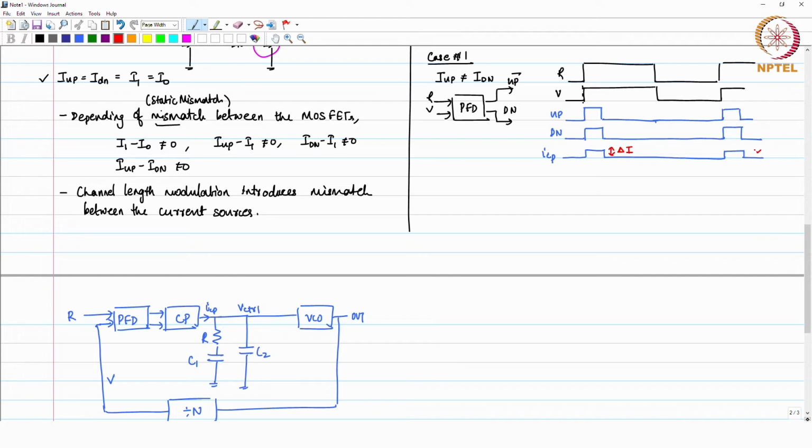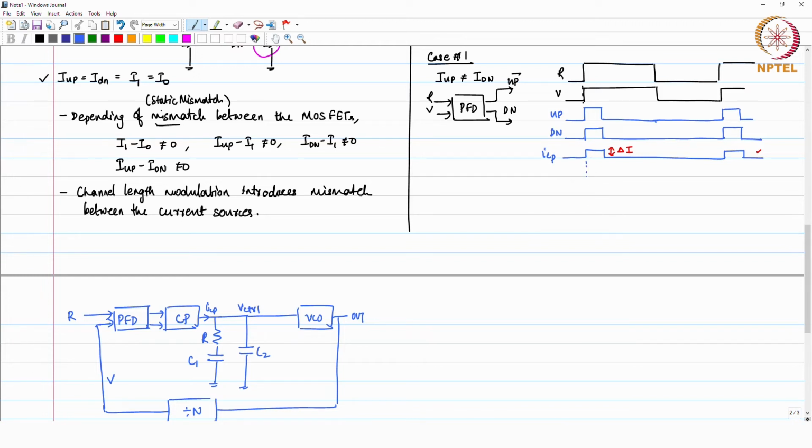So the voltage will always keep on increasing, and then you are going to saturate. But because you are operating the PLL in a feedback loop, this does not happen. The PLL itself will create an offset in such a way that the average current which goes into the capacitor is 0.